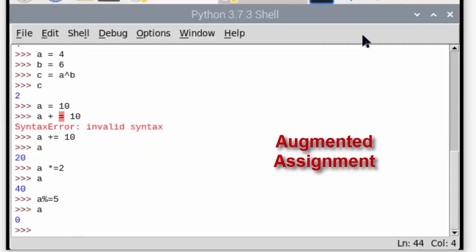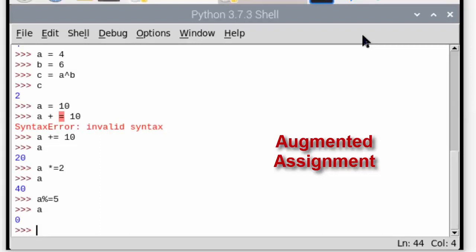Answer should be 0. In this way, Python also supports what are called assignment operators, and sometimes these are also called augmented operations.